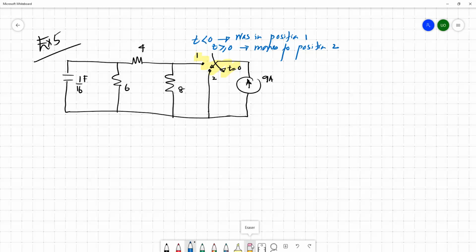That's the difference. If it is in position 1, the 9 ampere source is there. Once the switch moves to position 2, the 9 ampere source is not in the circuit. This is the information you can easily pick from this.